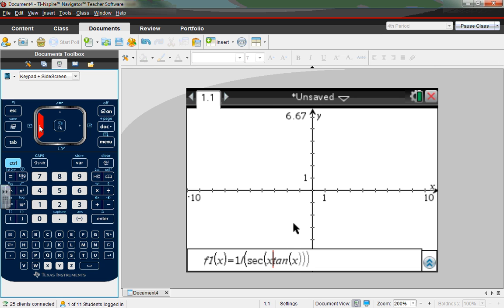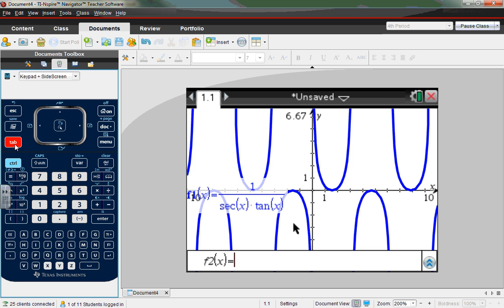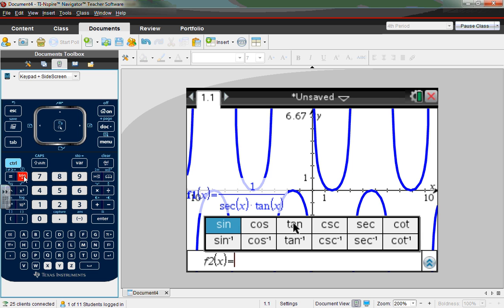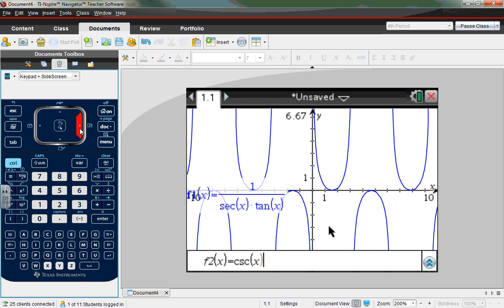You have to hit times. No. There's your trig function right there. Okay? Now, hit tab, and now we're going to type in y2. Y2 is going to be cosecant of x minus sine of x.